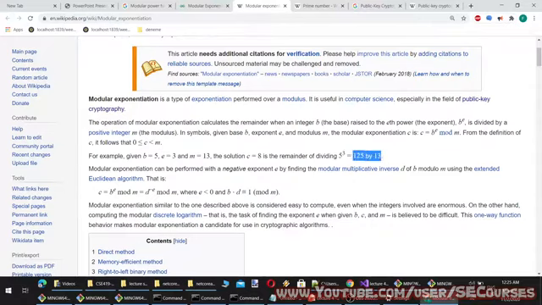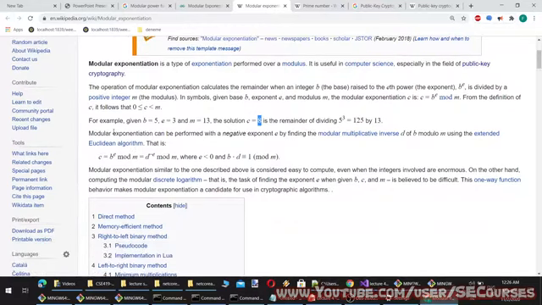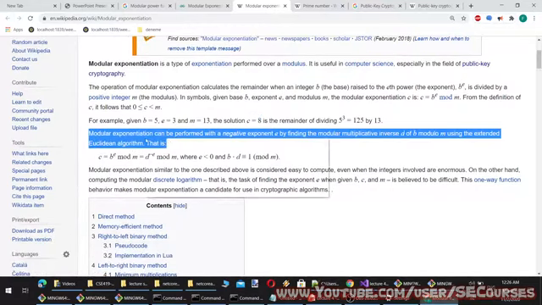So when you divide 125 by 13, there is a remainder of 8. Modular exponentiation can be performed with a negative exponent e by finding the modular multiplicative inverse d of b modulo m using the extended Euclidean algorithm.